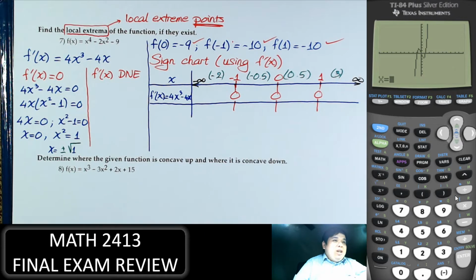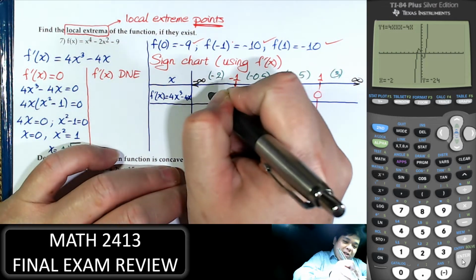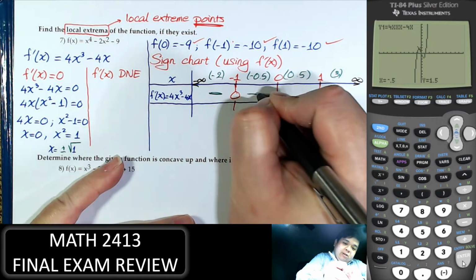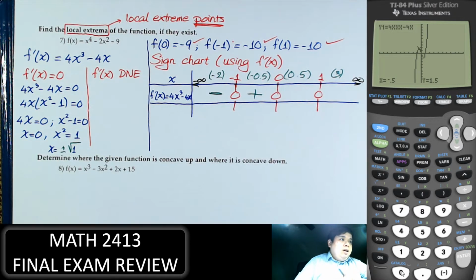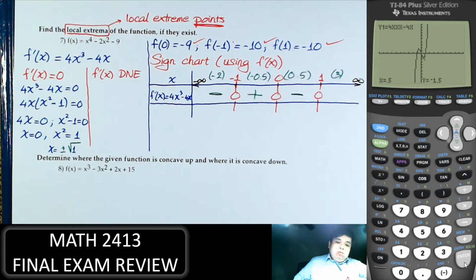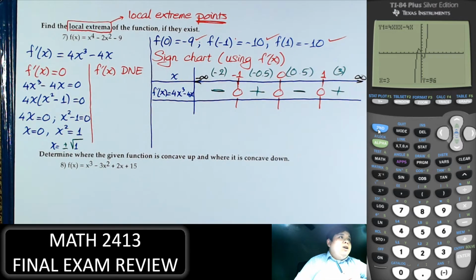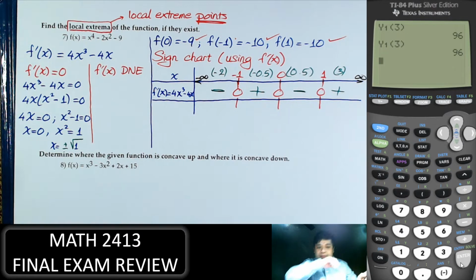So negative 2 gives negative 24, negative 0.5 is positive, 0.5 is negative, and 3 gives 96. Of course, you can just use alpha trace and y1 evaluate at whatever point you want.